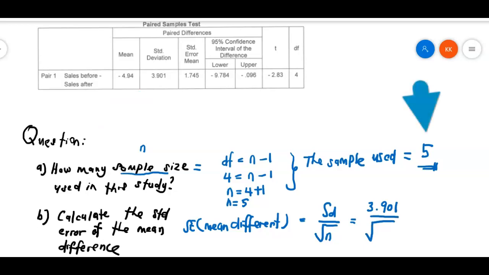The sample size we already calculated in question A. So n is 5. So we write here 5. So that we calculate 3.901 divided by square root of 5 is equal to 1.745. Right?